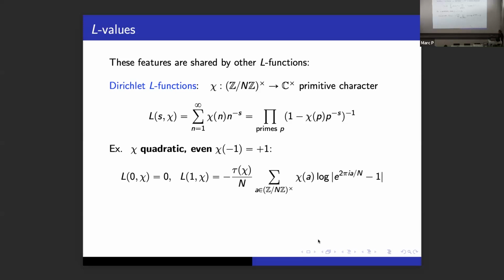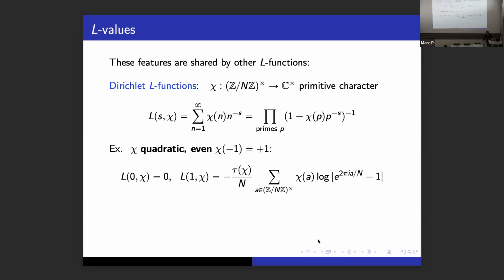One of the expressions for that is as a sum over the group that we're looking at, the multiplicative elements mod Z/nZ, of the value of the character multiplied by a log of a certain transcendental function, in this case the exponential function, but evaluated at some particularly interesting point.